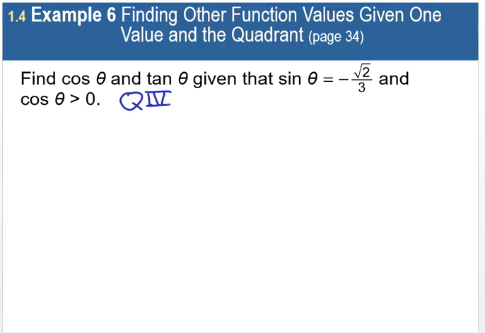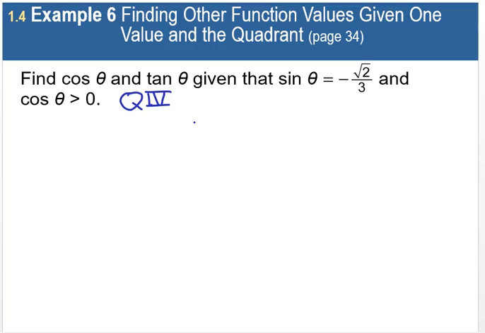Okay, so what we're going to do here in this one to help us figure out what cosine of theta and tangent of theta are equal to, we're going to be using our trig identities that we just looked at.